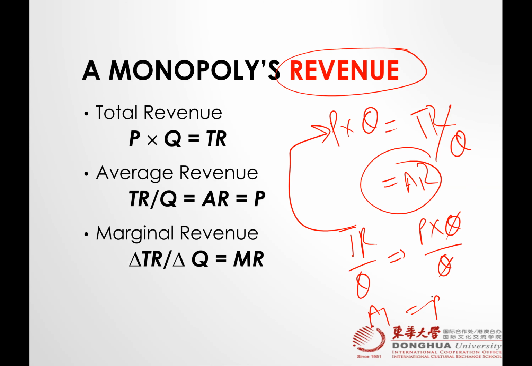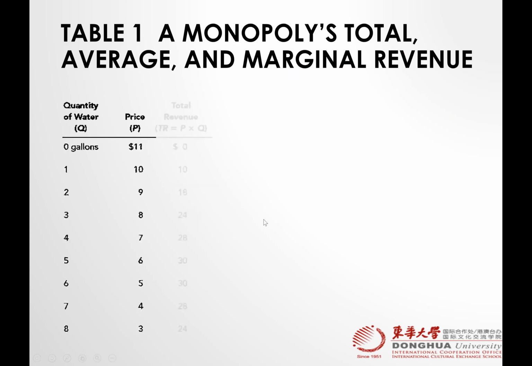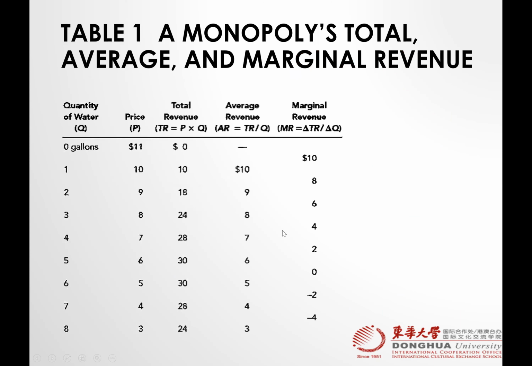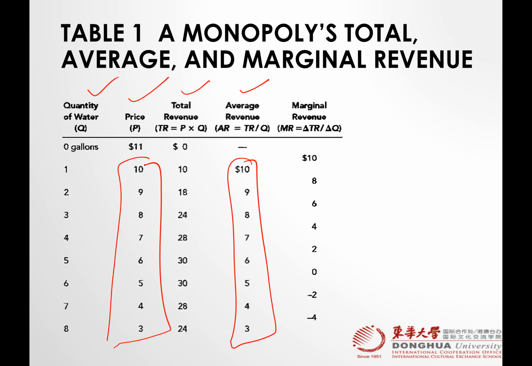So even in monopoly, price is equal to AR, right? We also discussed that. Here we go. This is the quantity, this is the price, and this is the total revenue. Average revenue: you see something common here, that AR is equal to price, right?